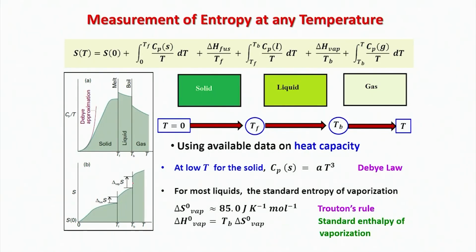So this brings us to a conclusion of this slide, that if I have a perfectly crystalline solid, then I will not have any contribution from S0, and correspondingly I can find out what the value of S of T would be in terms of the delta S, which I have already mentioned, that can be measured in terms of experimentally determined quantities like specific heat of the solid, liquid and the gas.